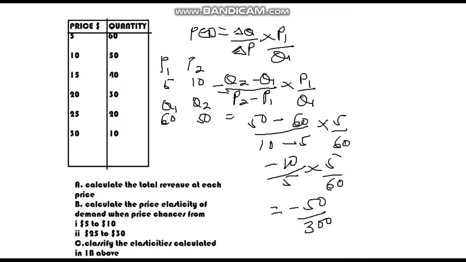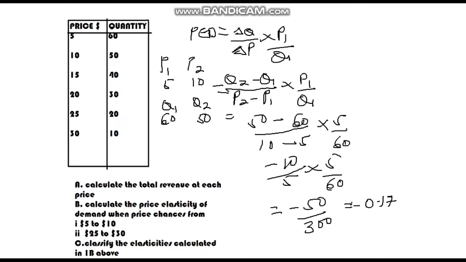So negative 50 divided by 300 is going to give you negative 0.17, because it's going to be negative 0.1666667. So always make sure that you leave your answer in 2 decimal places, so that you wouldn't get confused in case you're supposed to plot them.